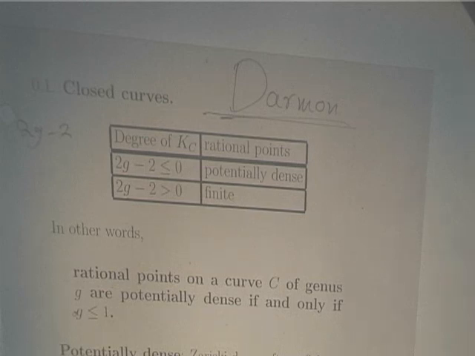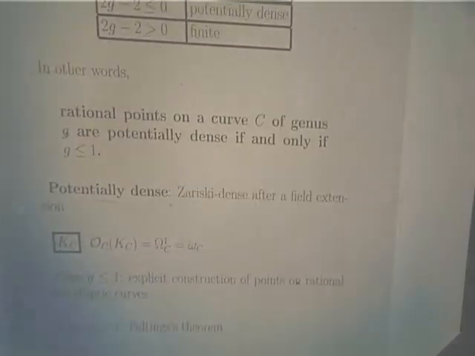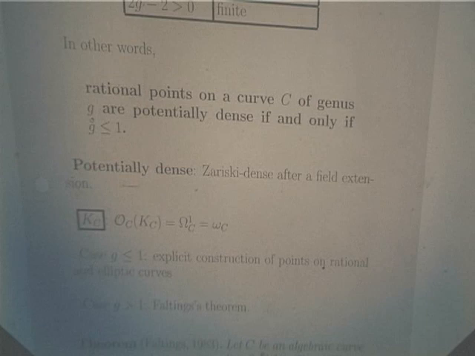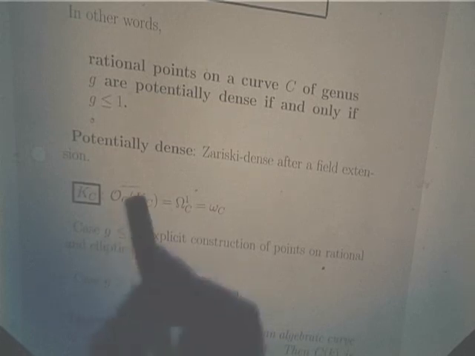So potentially dense, I said what potentially dense is, and I need to say what Kc is. So Kc is a divisor class. That's the usual terminology used in birational geometry, although geometers have this bad habit of confusing divisor classes and line bundles. So I'll try to avoid this, but I am a geometer, so I will do it, I can guarantee almost. So Kc is a divisor class.